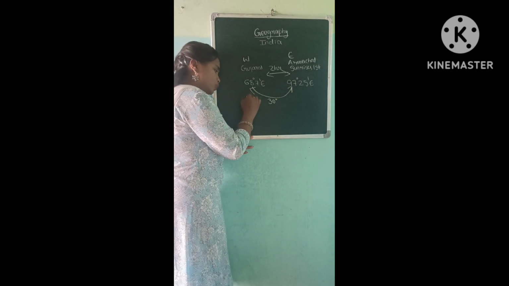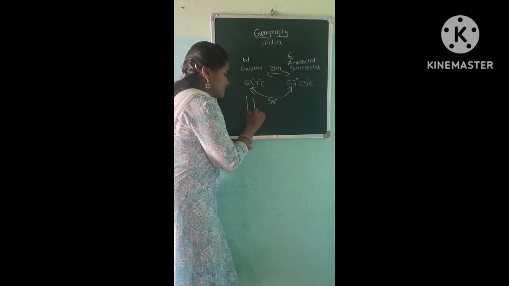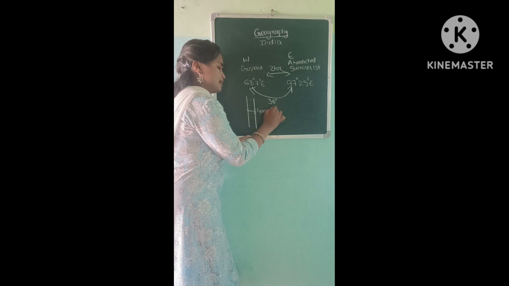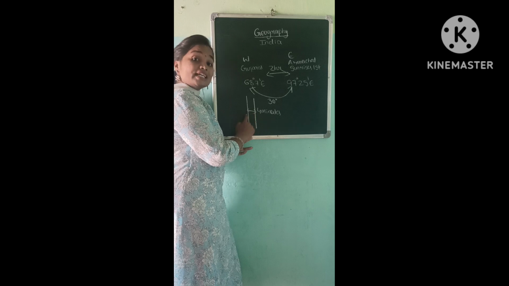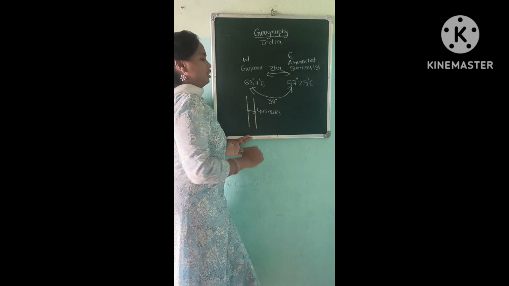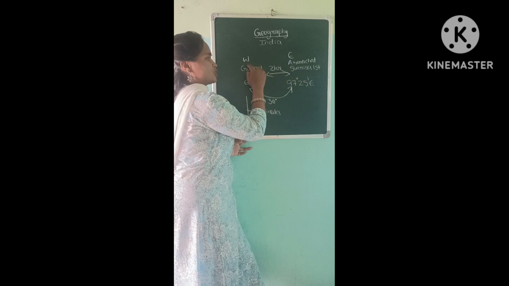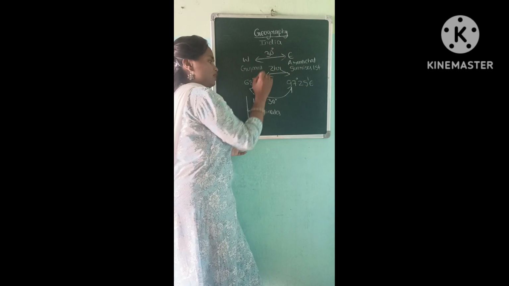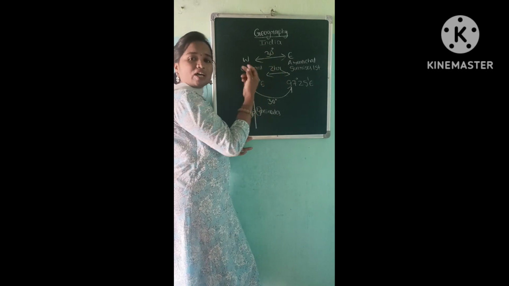Do you know, to cross 1 degree of longitude, the sun takes 4 minutes. We have how many degrees from Arunachal Pradesh to Gujarat? We have 30 degrees.